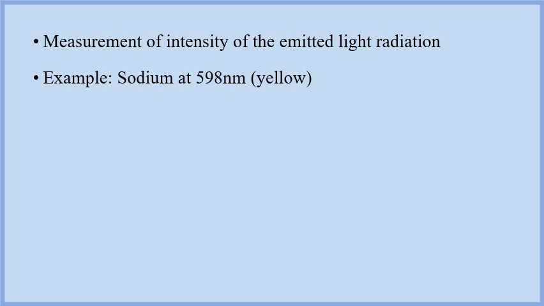Different metals emit their characteristic radiation at different wavelengths. For example, when sodium is aspirated into flame, it shows golden yellow color, and potassium shows violet color.